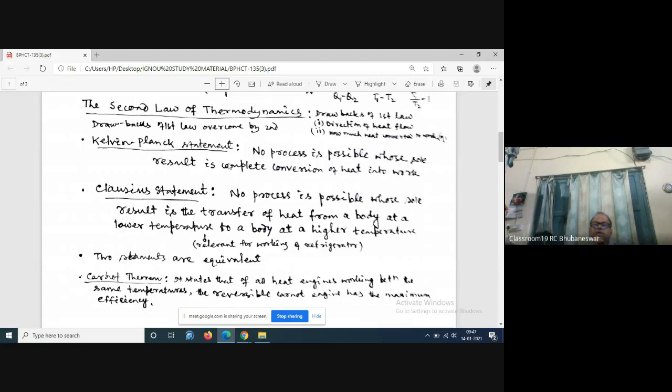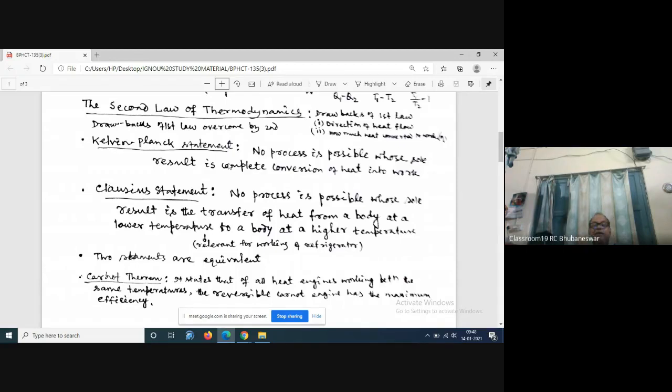No process is possible whose sole result is complete conversion of heat into work. That means you cannot convert total heat into work. That is why efficiency is not 1, it is less than 1.